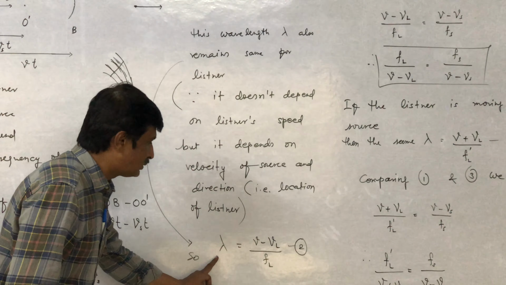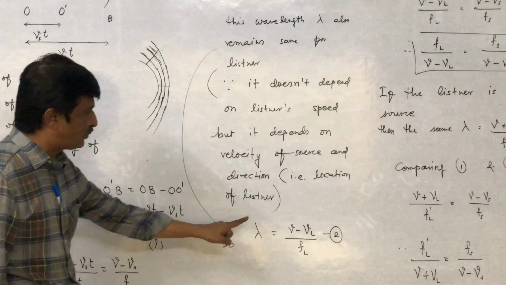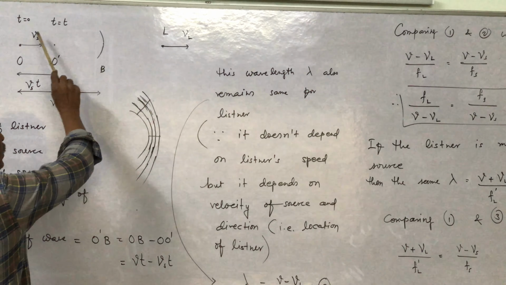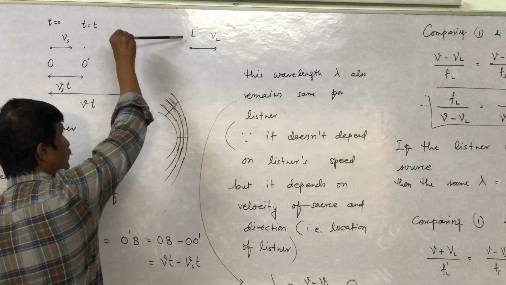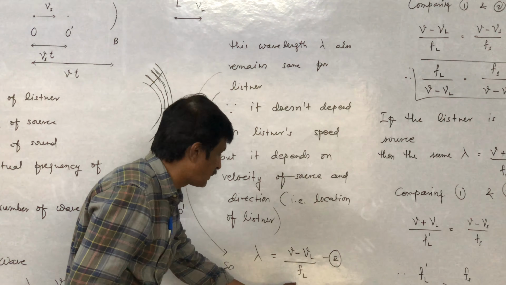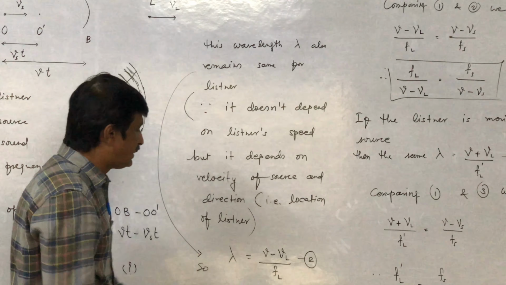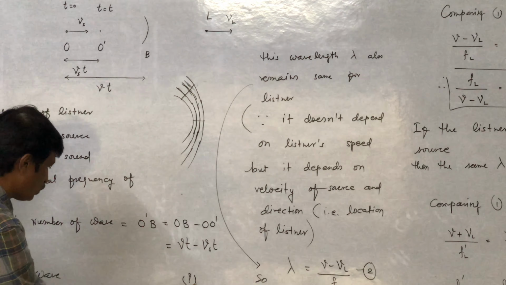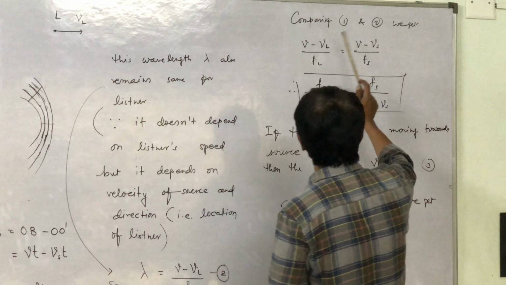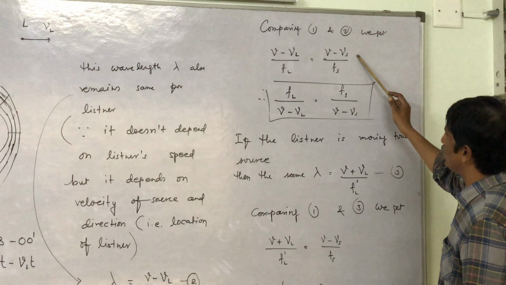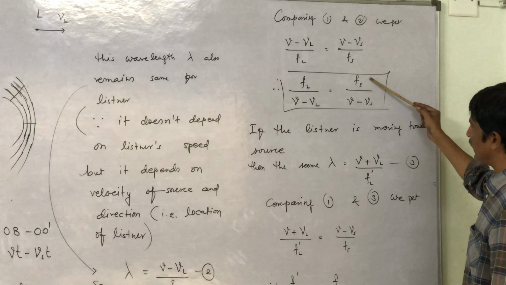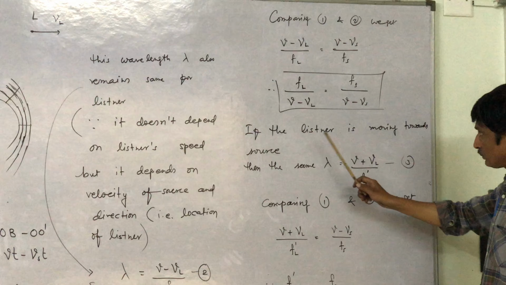So for the listener, this same lambda is (v minus vl) by fl, because for the listener the velocity of sound is v minus vl as it is moving away from the source. Suppose the frequency experienced by the listener is fl. Comparing 1 and 2, (v minus vl) by fl equal to (v minus vs) by fs. Rearranging the terms, fl by (v minus vl) equal to fs upon (v minus vs).